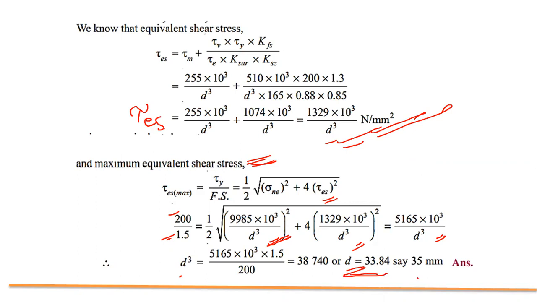But 35 mm is the standard size of the shaft, so you have to consider 35 mm for the required shaft size. This is the final answer for this problem, our required shaft size.